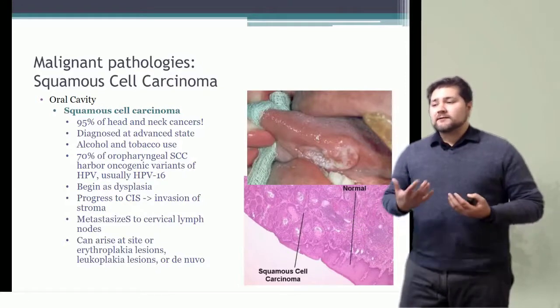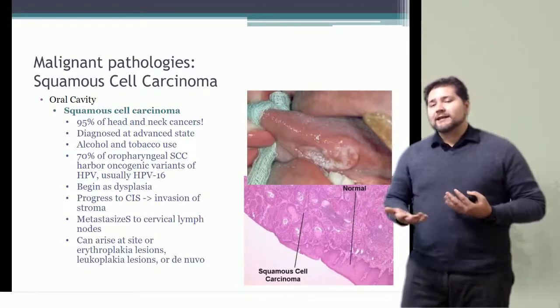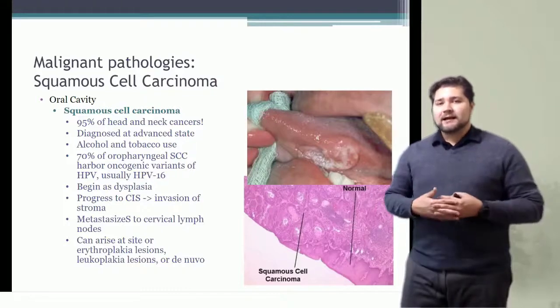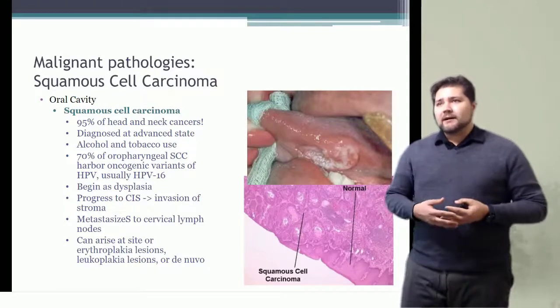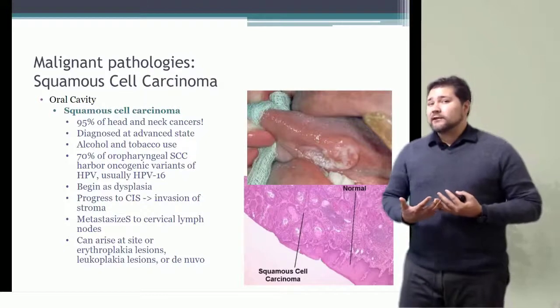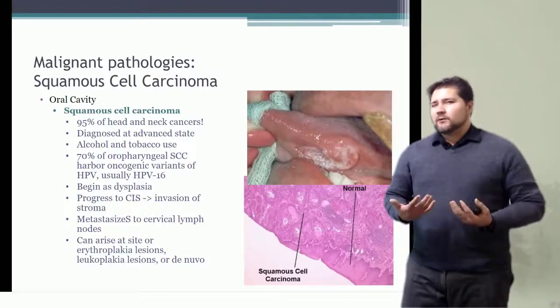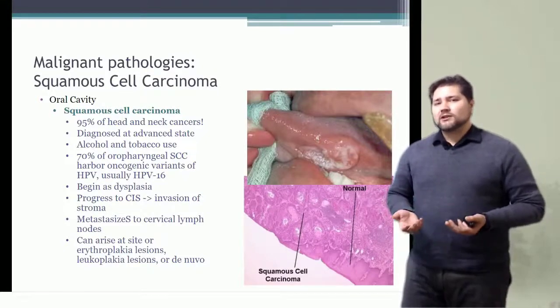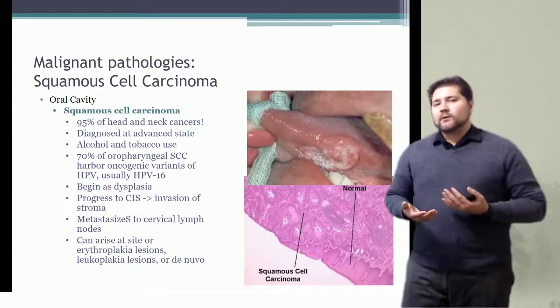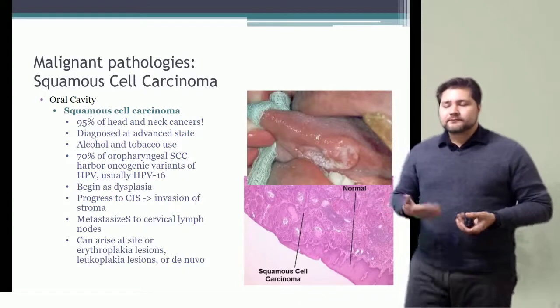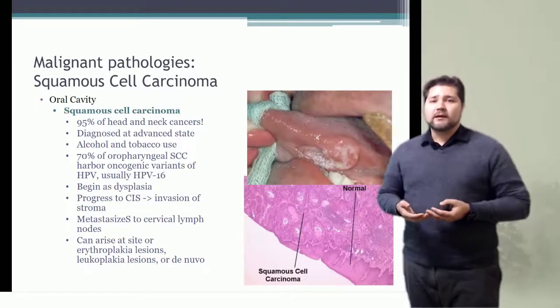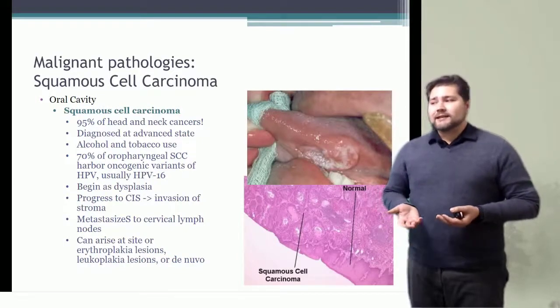For some of these, if they biopsy them, they might do a watch and wait and say, okay, it's in situ, but it hasn't invaded, especially knowing the fact that resections in the oral cavity are going to be very life-changing for the patient. So they might not want to do that if it's only in situ at that time. But we don't want to wait and let it get too invasive, because that becomes problematic as well, increasing the amount of resection needed.